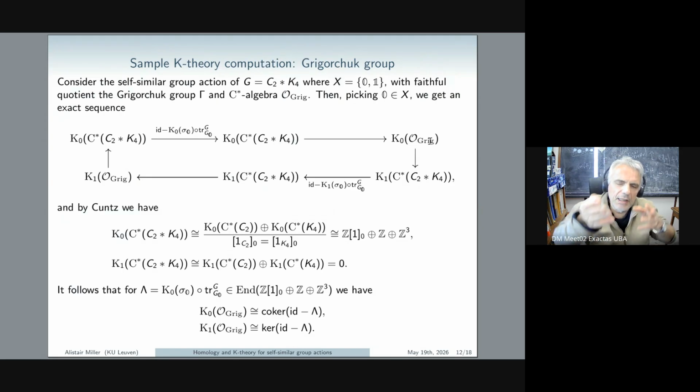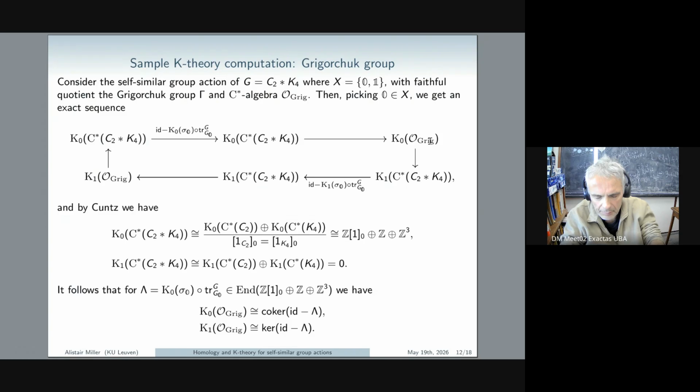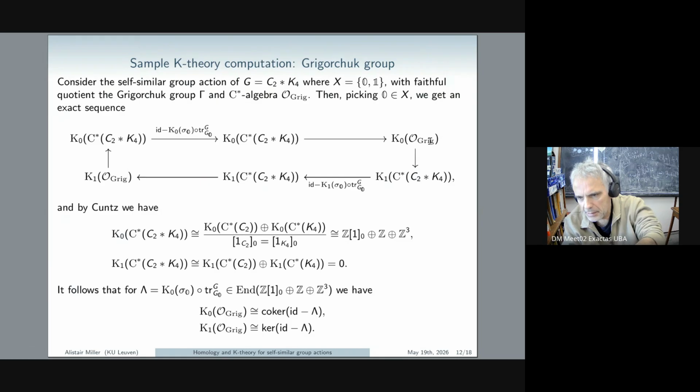You said at the beginning that the invariants of the groupoid were easier to compute than those of the group, and that they were related by some exact sequence. In this particular case, can you say something about the invariants of the group?